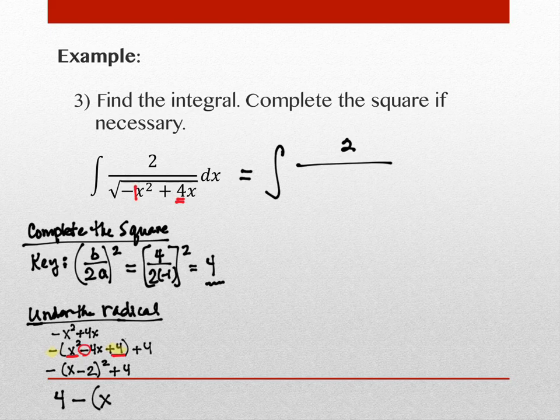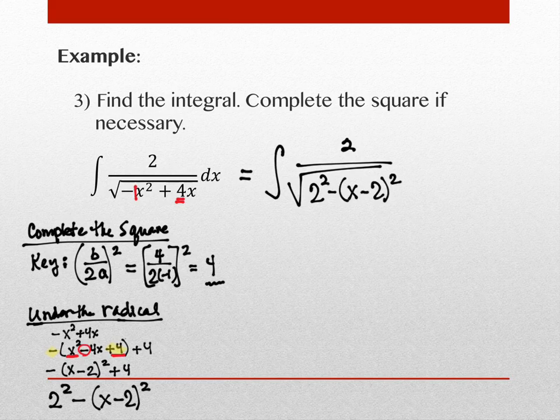And the variable piece at the end, that's my x minus 2 squared. And instead of writing 4 at the beginning, it will probably be useful if I write it as 2 squared. So what this does up here is it rewrites everything that's underneath the denominator as 2 squared minus x minus 2 squared.